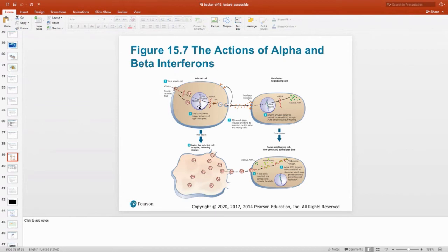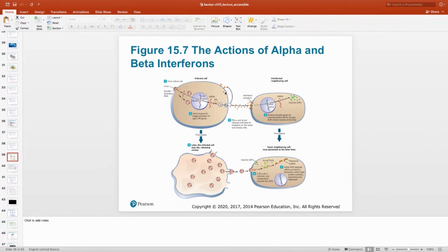So these are genes that are in the cell naturally, and they are turned on by these viral components. So once they get turned on, then mRNA is transcribed, and the proteins are translated, interferons, which are then released from the cells.